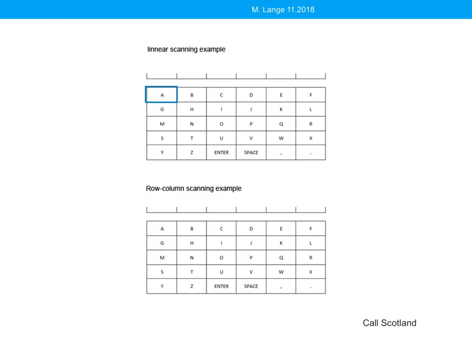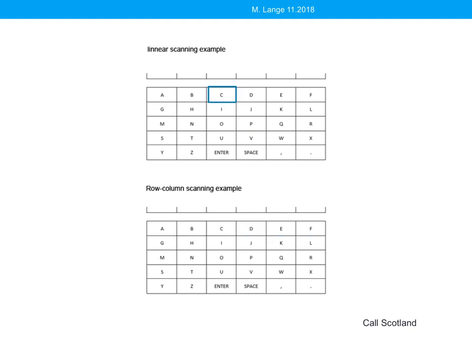On the top here, you can see we have a linear scan example. Right now there's a highlight around the letter A. As we move through, it's going to move left to right typically, and that is our linear scan. Let me go back one here.